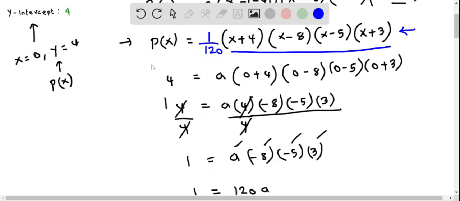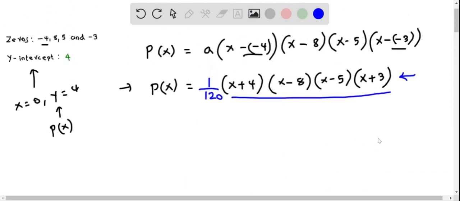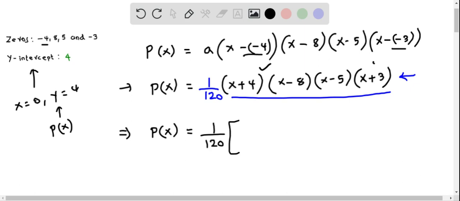So let's do that. Let me clear this for some space. Okay, so first I put this 1 over 120. This is a constant. We will keep this, and I'm going to multiply these two terms first.